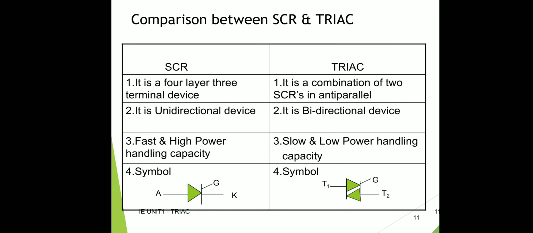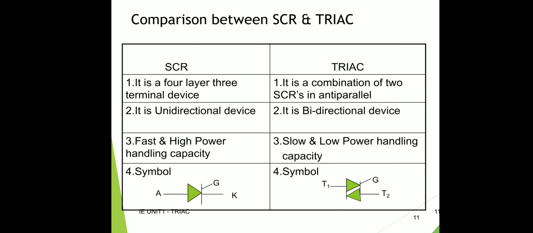Now up to this point we know what is an SCR and what is a triac. See, first, an SCR is a 4-layer 3-terminal device, and a triac is a combination of SCRs connected in anti-parallel.